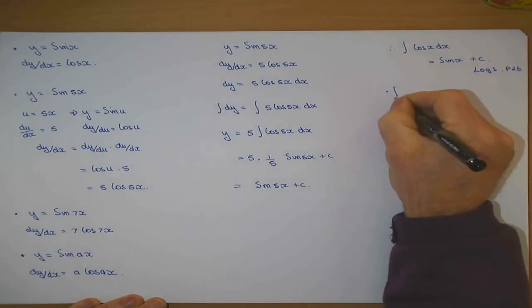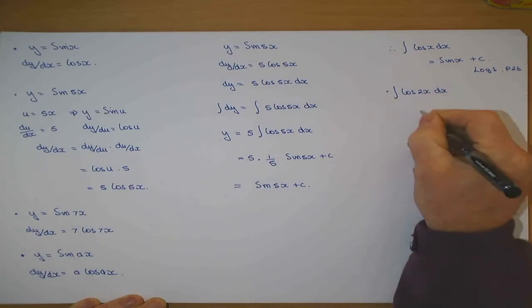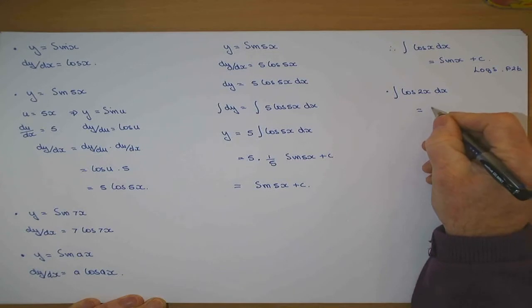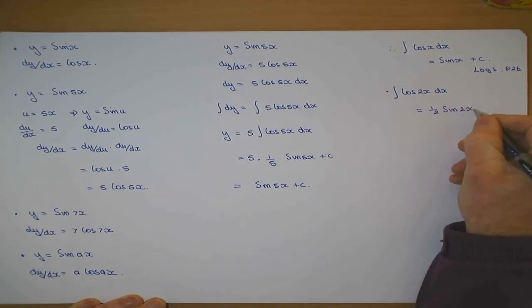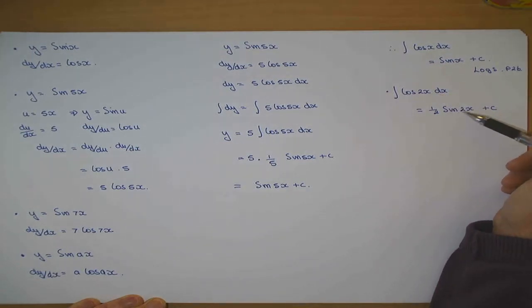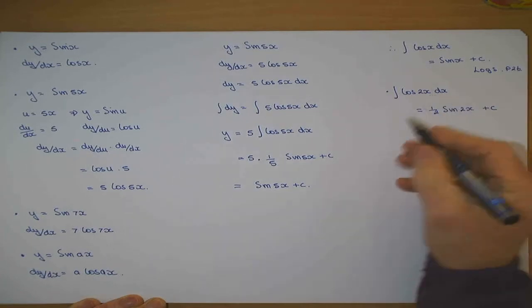But what if I integrate cos 2x dx? What do I get? A half sine 2x plus c. Integrate cos 2x and I get sine 2x. Where did the half come out of? Because it was a 2x.